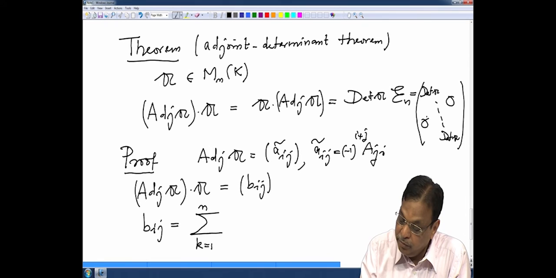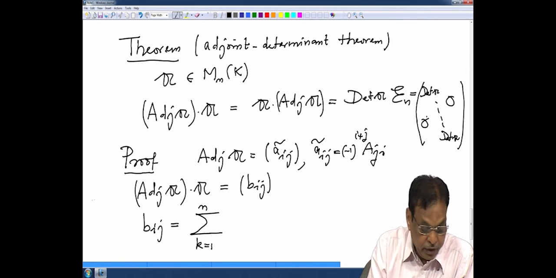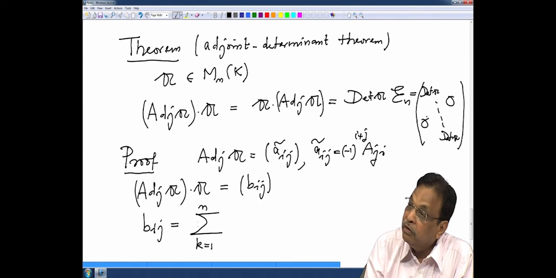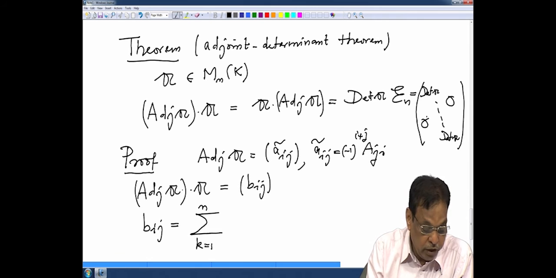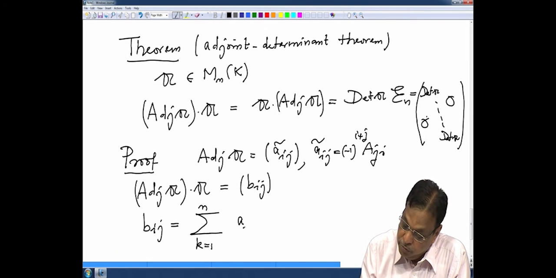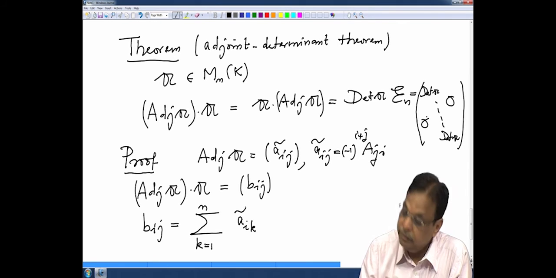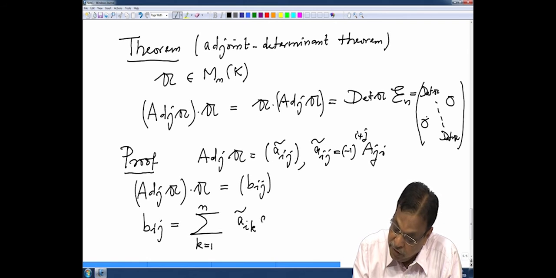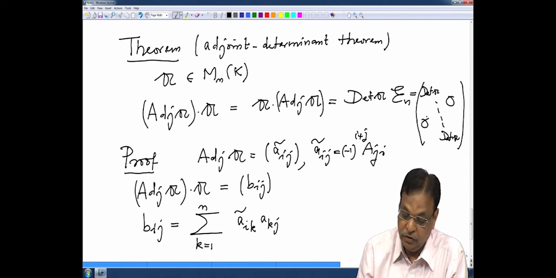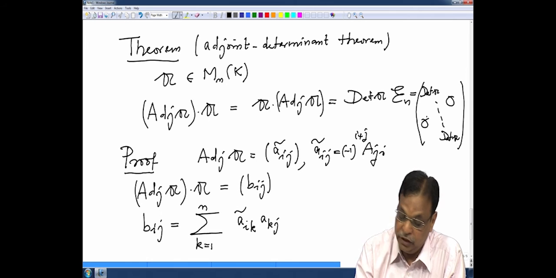The ijth entry will be the ith row here multiplied by the jth column here, corresponding entries multiplied and added. So, the ith row has entries A ik tilde, times the jth column, that is A kj.